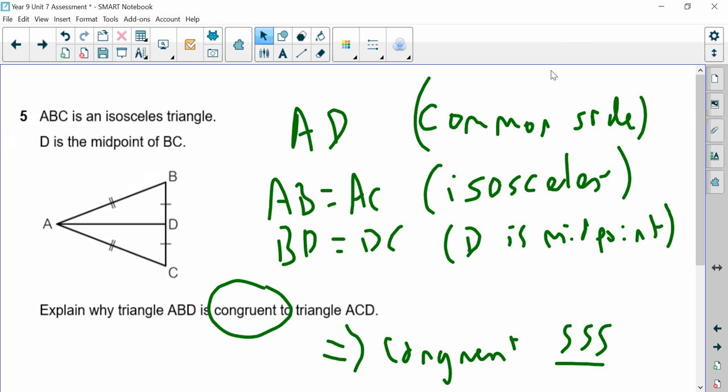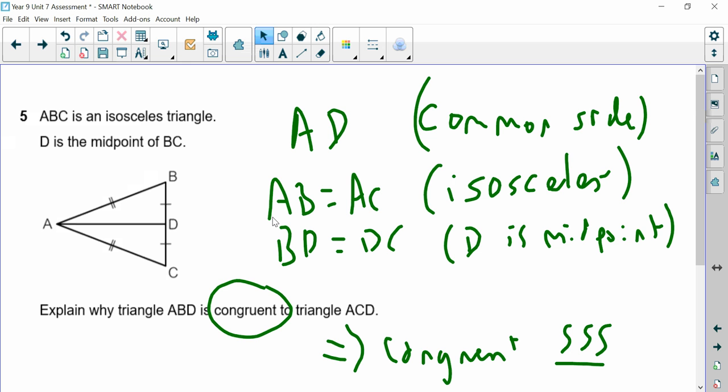Now, if you did it another way, let's say, for example, you established that the line that goes through an isosceles triangle meets the base at right angles. These two lines are perpendicular. Let's say you knew that. You could say, well, I know this angle here. With any two of them, you could do side, angle, side.